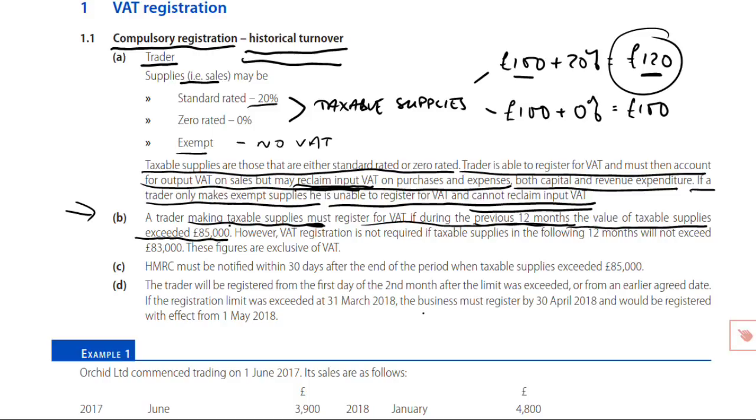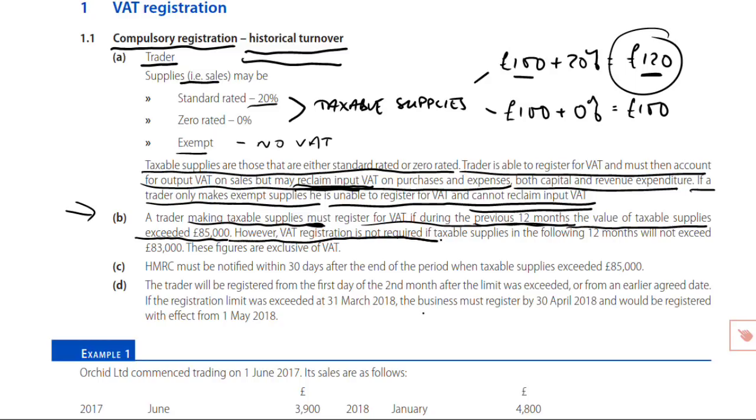From the month whose month end we exceed 85,000, compulsory registration based on historical turnover kicks in. That said, there is one exception.